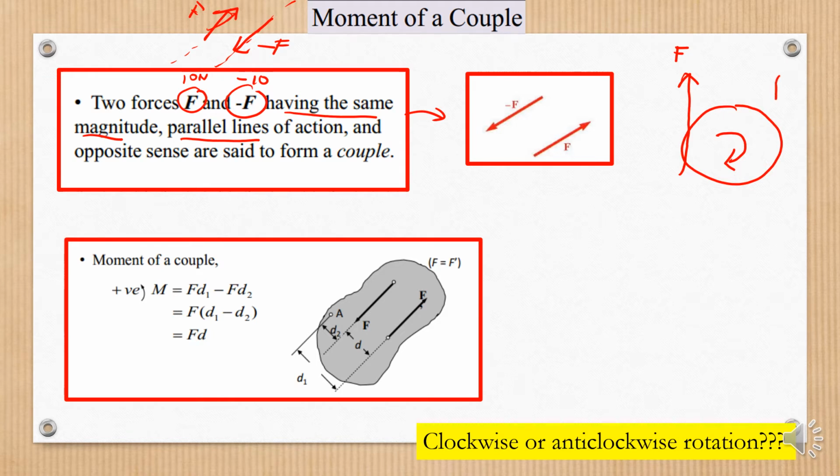The other hand, on the left side, pulls the steering, applying a force in the downward direction, so it becomes negative F. My drawing is not that good. What will happen is this couple will produce a moment, a rotation of the steering.